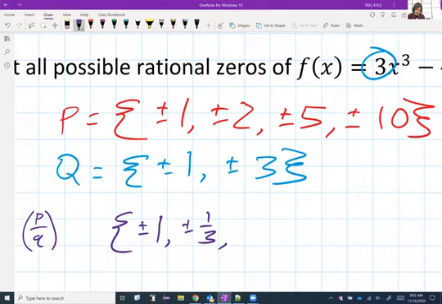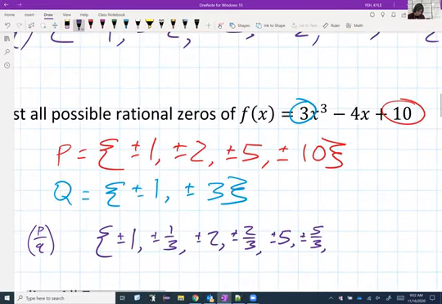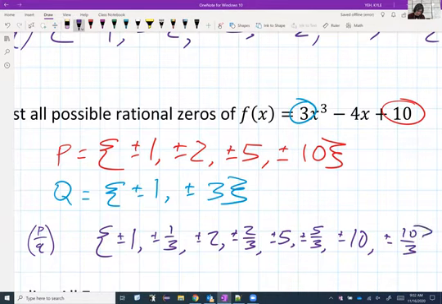Now we go on to the next P, 2 over 1, plus or minus 2. 2 over 3, 5 over 1, 5 over 3, 10 over 1. So I should just write that as 10, and plus or minus 10 over 3. And now we've found all possible rational zeros of that polynomial.